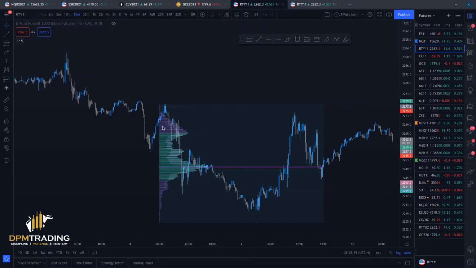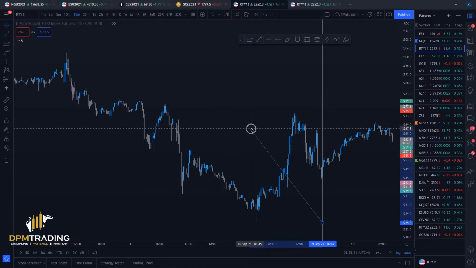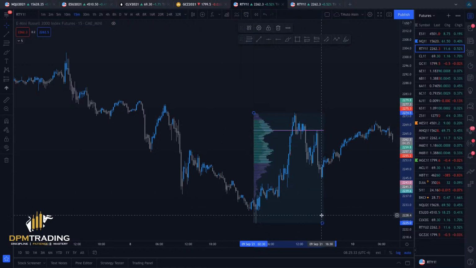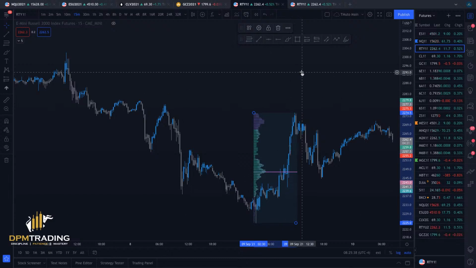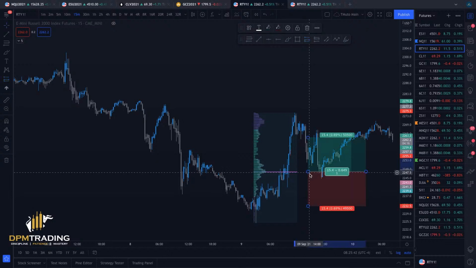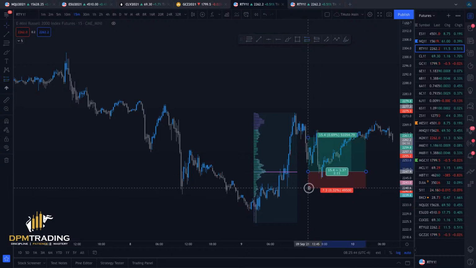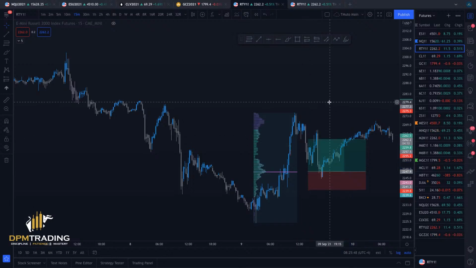However, coming off of here, look how aggressive the buying was. And so if you were awake in the wee hours of the morning, you definitely could have considered a trade right off of there. And you could have taken that as far as you want to for a profit target. Really nice stuff there.